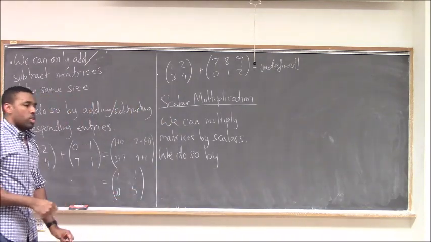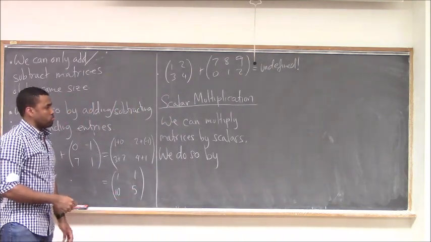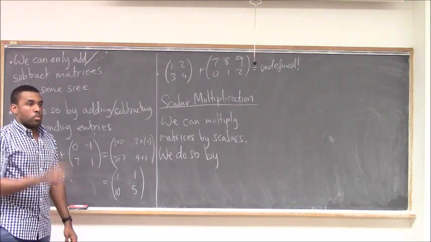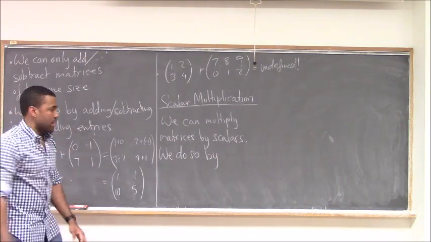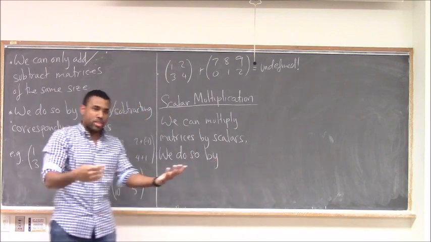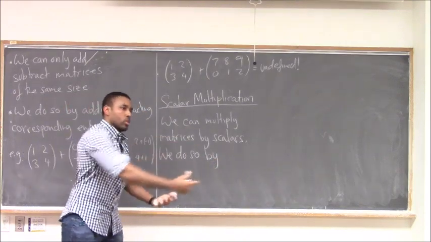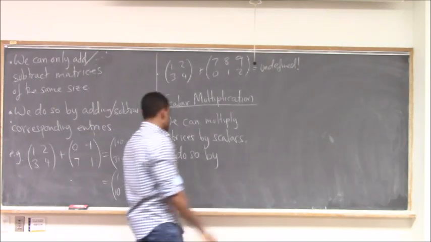Well, how do you think we can multiply a matrix by a scalar? You multiply every element with this. Multiply every single entry by the scalar. Same thing with a vector. You multiply a vector by a scalar, you multiply each component of the vector by that scalar. Same thing applies to matrices.